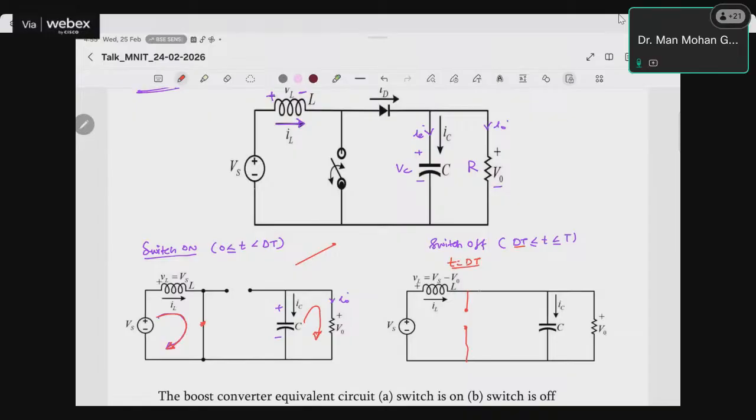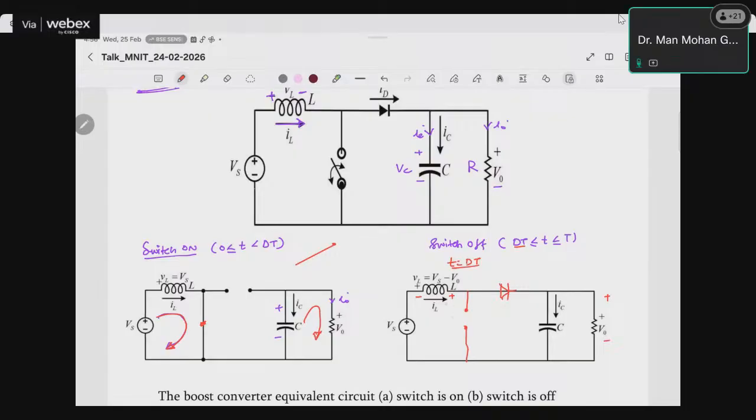Now it looks for another path. In this attempt, it decreases. Due to this decrease, the voltage polarity gets changed, right? Earlier this was plus minus like that, it becomes minus plus. Now this voltage along with the source voltage becomes greater than the output voltage, and the diode sitting over here gets forward biased. I repeat again, we made this switch off, then this path is interrupted.